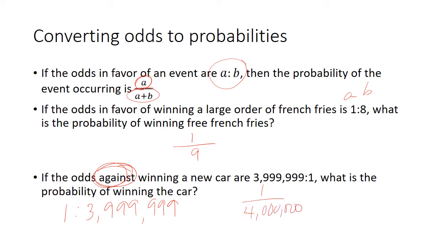It's not very good odds of winning your new car. If we put that into a decimal, I think there's 7 zeros here. No, there's 6 zeros. Your odds of winning are that. That's not very good. 1 in 4 million, not good.